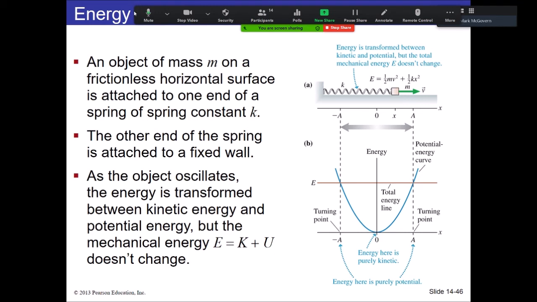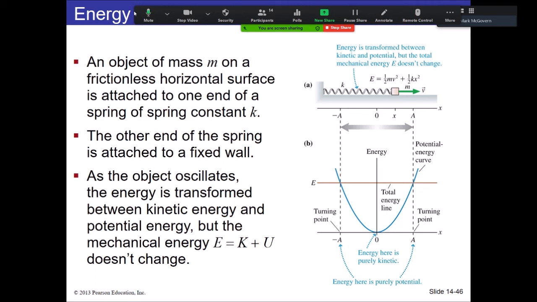When doing conservation of energy, assuming there's no drag and no friction, we have an energy transformation that goes back and forth from potential to kinetic. But the potential energy is specific to the spring: it's 1/2 kx squared, right? So this only applies to springs, or anything we can describe with a spring constant. If I have a different system like a pendulum, or oscillations due to gravity or electricity and magnetism, I'd have to figure out a different potential energy function. But for this, we know the potential energy function is very straightforward.